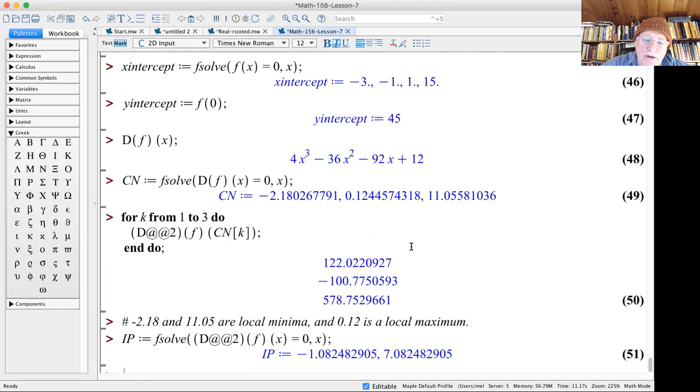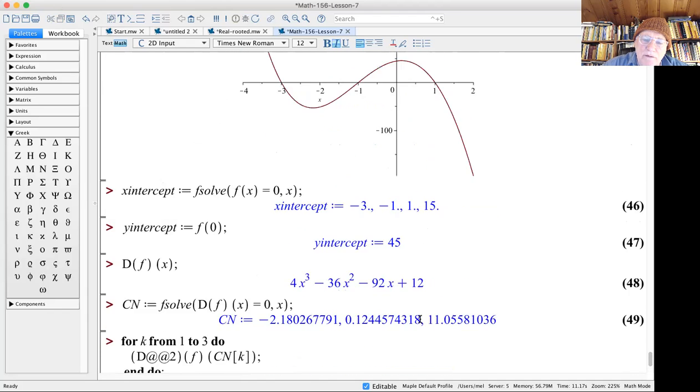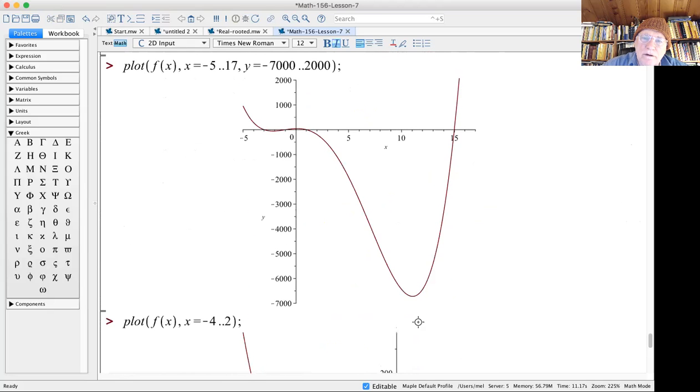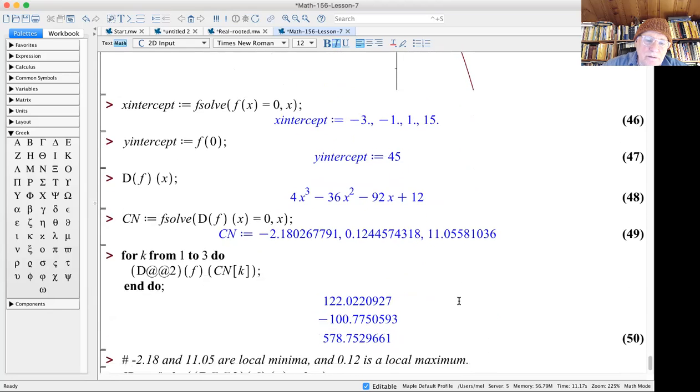And we get 2 inflection points, minus 1.8 and 7.025. Let's see. We have convex up, convex down, and then convex up. So these are inflection points.